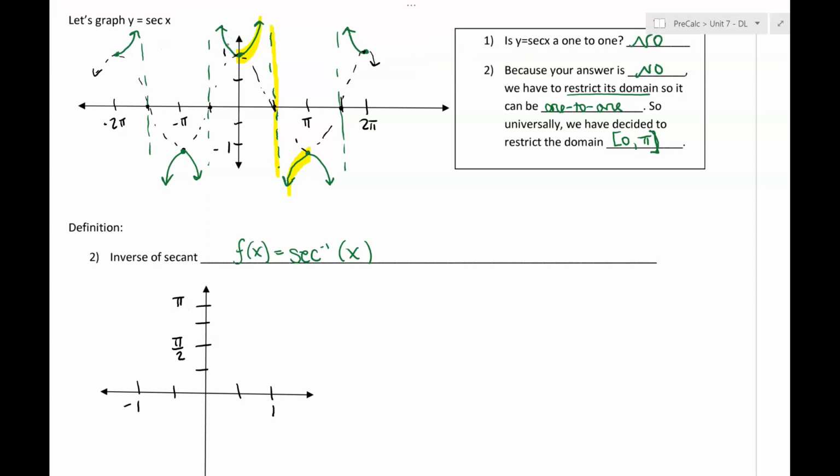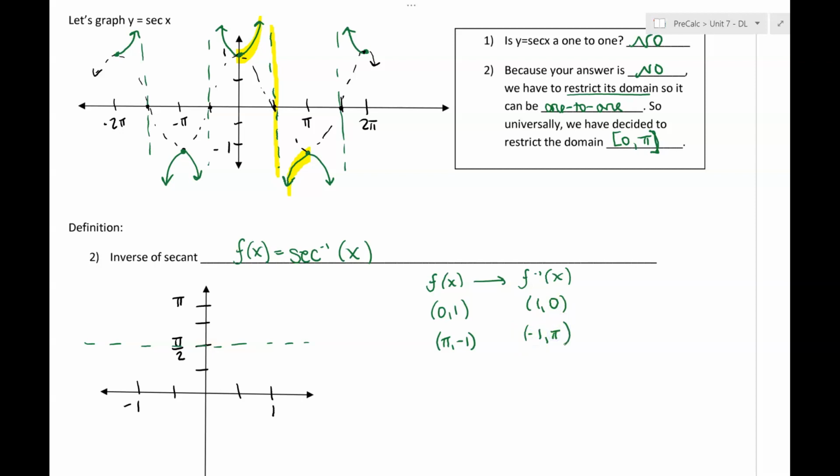Okay, so we do have an asymptote at x equals pi over 2, which means y equals pi over 2 for the inverse. And on the secant of x function, I have a coordinate at 0, 1, and pi, -1, which means for its inverse function, there's a coordinate at 1, 0, and -1, pi.